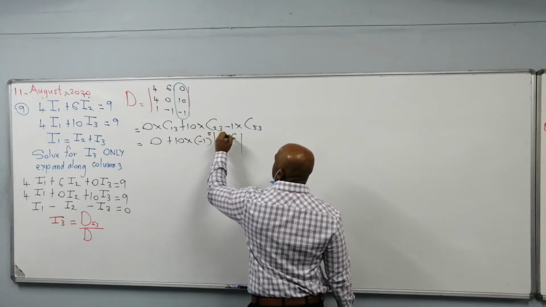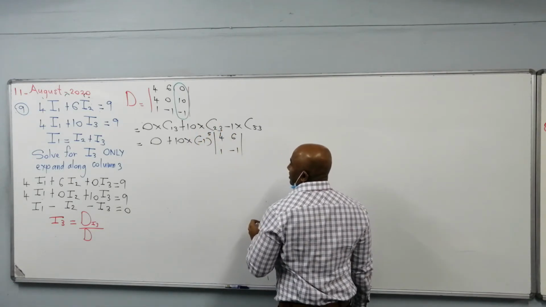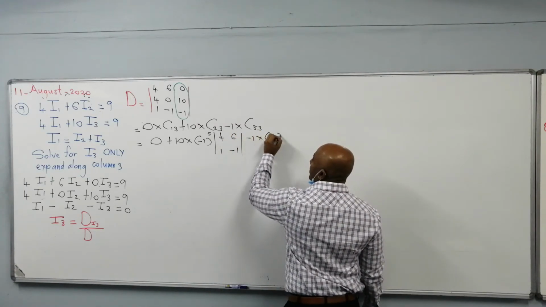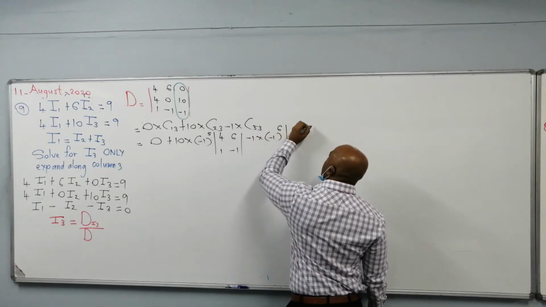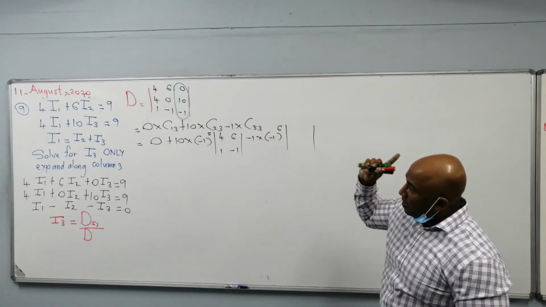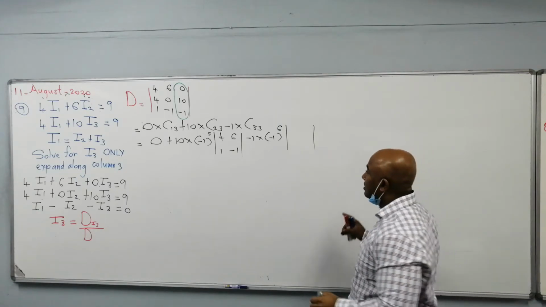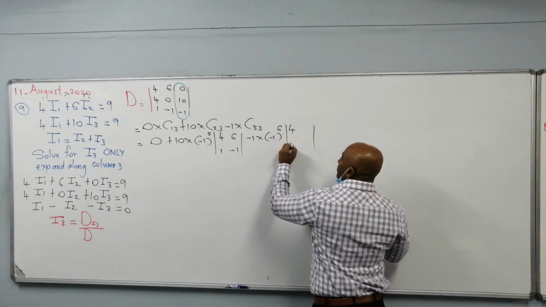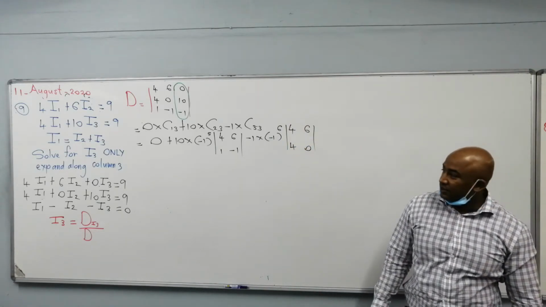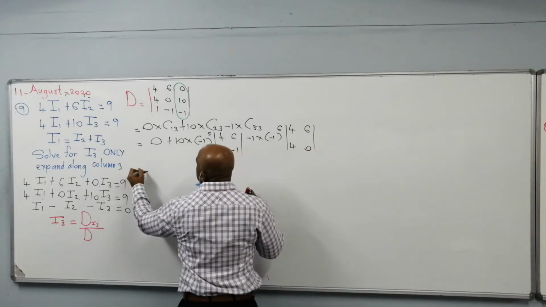Then we got a negative 1 times minus 1 to the power 3 plus 3, which is 6, block row 3, block column 3, so we got 4, 4, 6, 0. You got that? Alright, so now let's work this out.